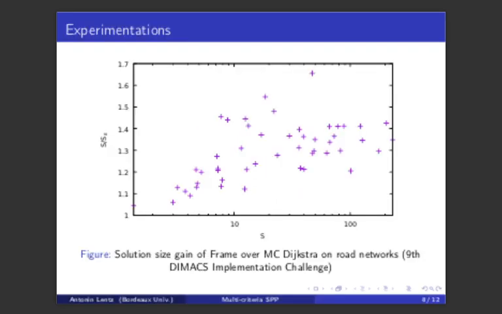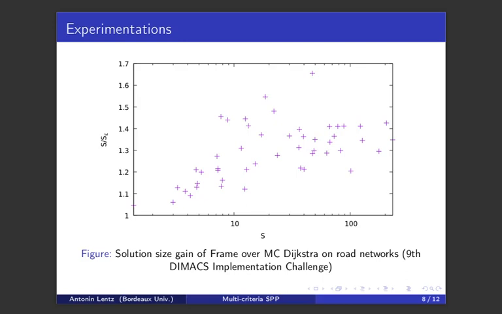So we did it on road networks from the 9th DIMACS implementation challenge. The criteria are distance and time, which are correlated, and we did it on every state of the United States of America, and so each dot is a state.